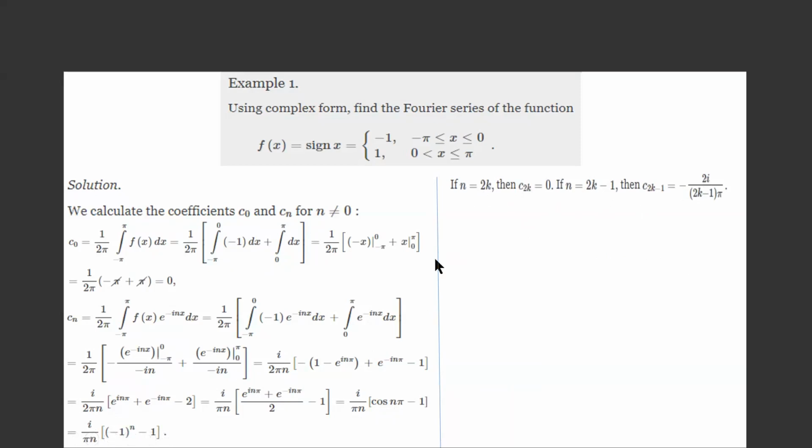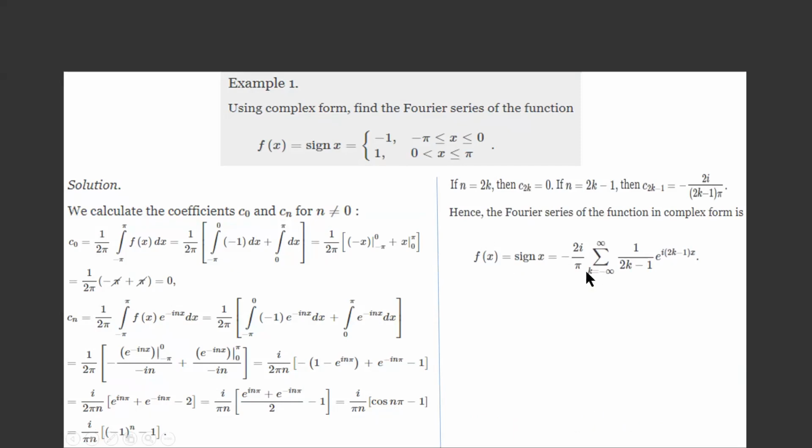And the rest is i over pi n, and you replace n by only the odd number 2k minus 1. So yes, this is very nice. I call it the square wave. If you remember, this is the function, minus 1 or plus 1. This is my function, equal to, what is C naught? C naught is 0, so forget about it.